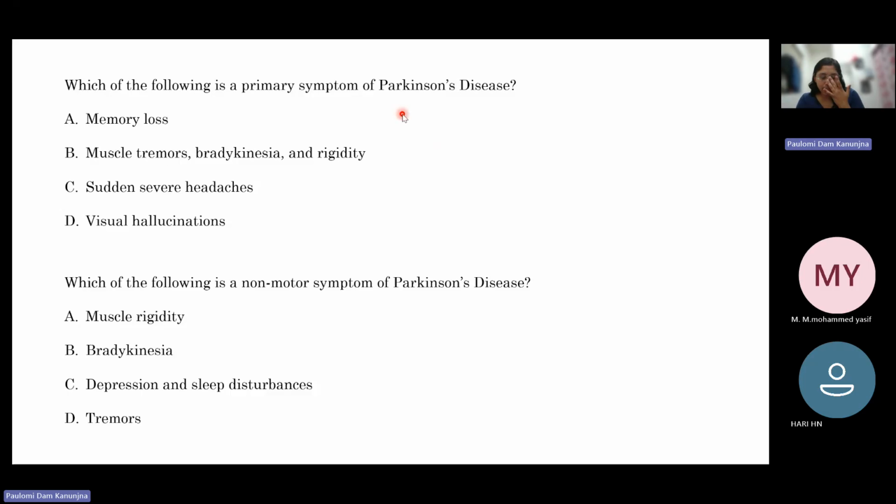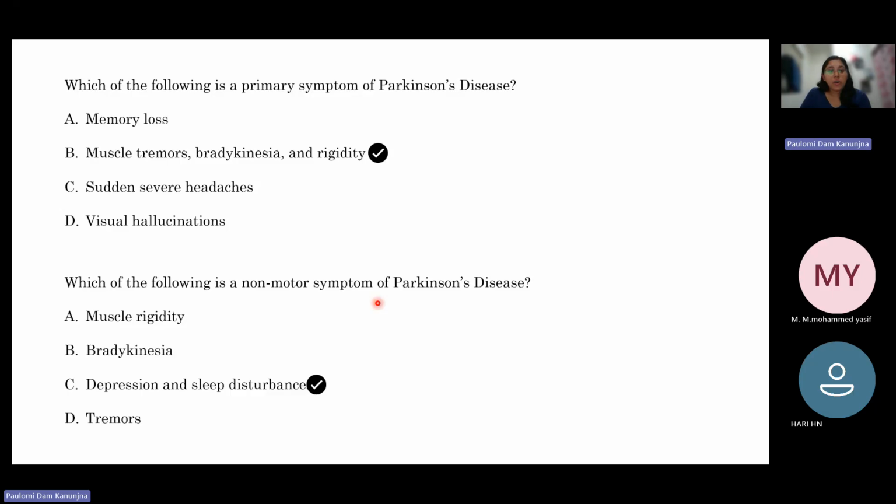Any idea for the second answer? You can take a guess. Okay, C. And that's the answer, B and C.